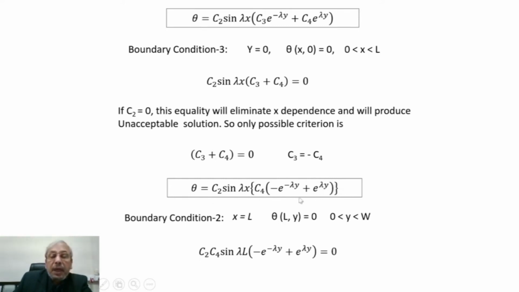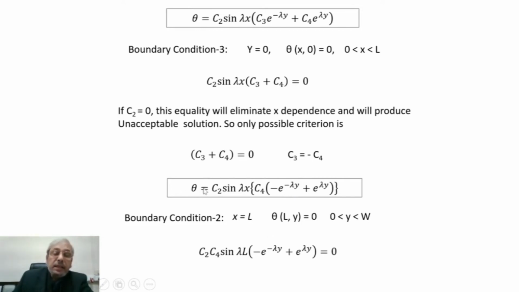So this becomes the expression for theta, basically C2 C4 into sine of lambda x multiplied by (e to the power lambda y minus e to the power minus lambda y).